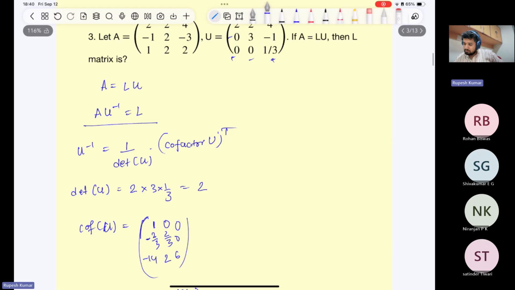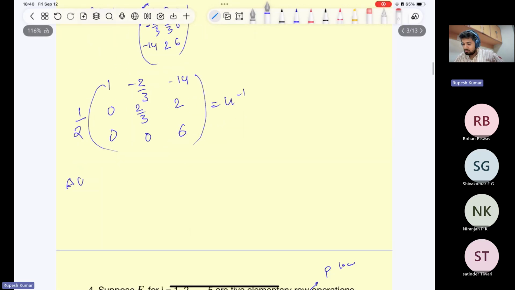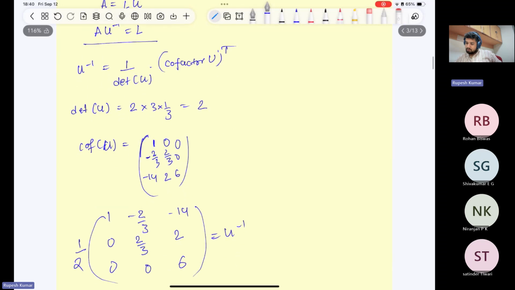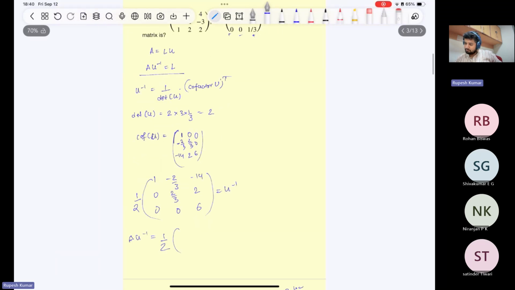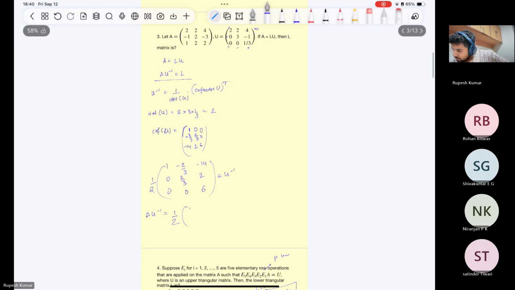Now what you have to do is multiply A into U inverse. A into U inverse is essentially 1 by 2 into the product of these two matrices. So let me write down the matrix: 2, 2, 4, minus 1, 2, minus 3, 1, 2, 2, right?